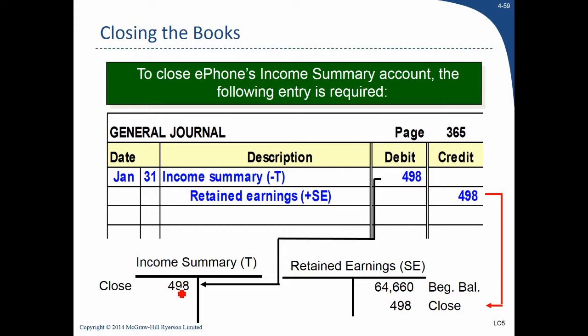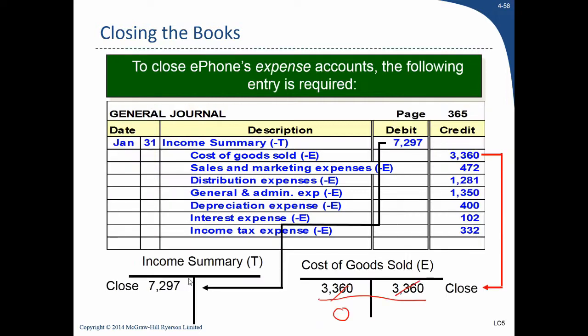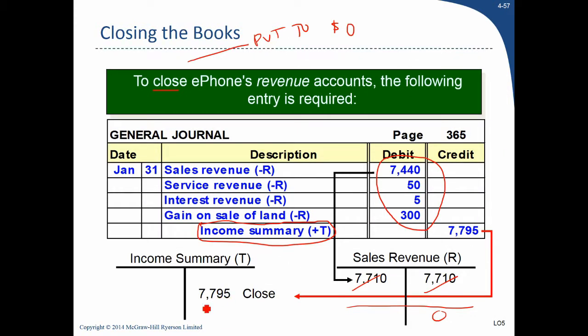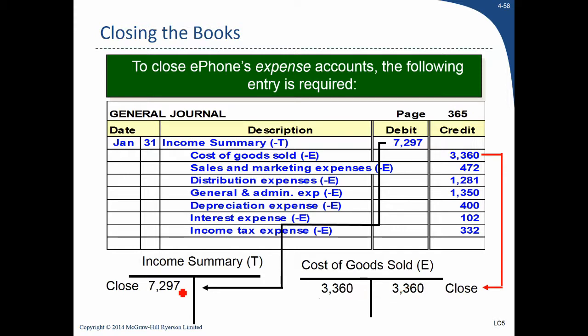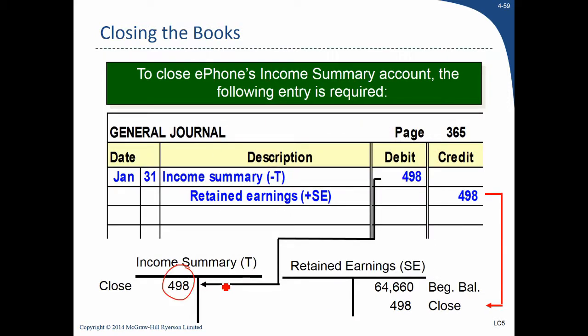The net balance in the income summary is a credit balance of $498, right? That's going to be your $77.95 less your $72.97 gives you a net credit of $498. Okay, so we have to close the income summary, but again, you can't have a one-sided entry. So if we're debiting the income summary such that the balance is zero at the end of the period, we credit retained earnings.